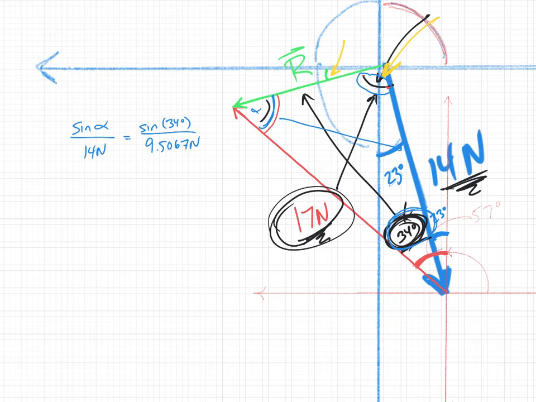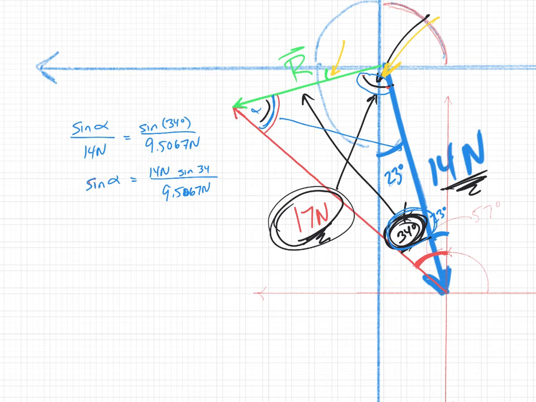The inverse sine is always going to kick out basically two answers. Your calculator is only going to give one, but there's the other possibility. In this case, I know it's going to be less than 90, so whatever the calculator gives, I should feel pretty good about it. So the sine of alpha equals 14 newtons times the sine of 34 over 9.5067 newtons.